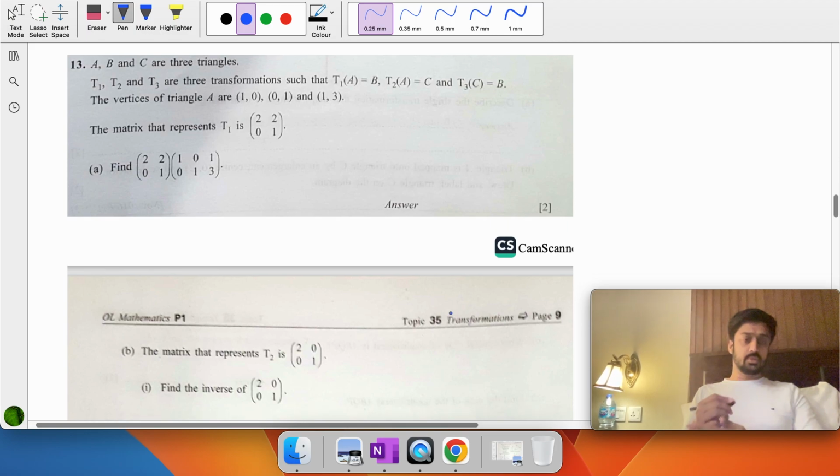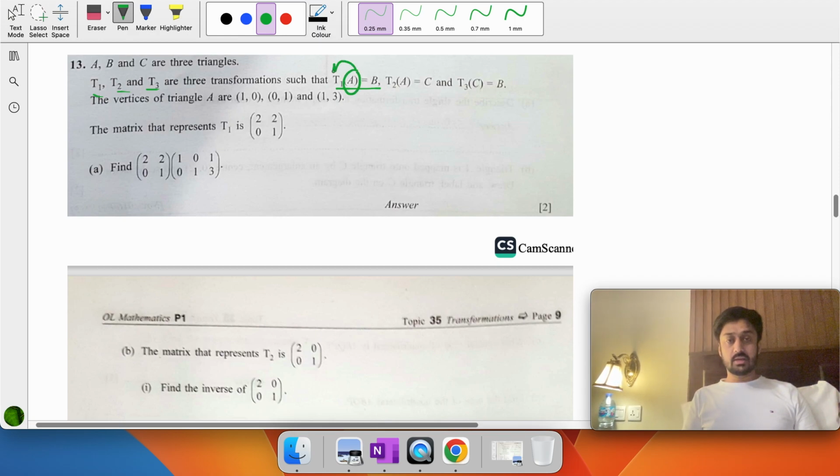Moving on to the next question. Now, this question is related to matrix transformations. You only need to know how to read them, and solving the question basically depends on matrix knowledge. Now, T1, T2, and T3 are three different types of transformations, such that T1A, how do you read it? You read it from right to left. A is an object.